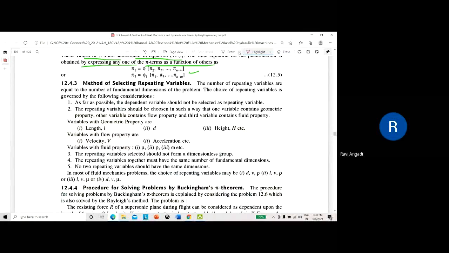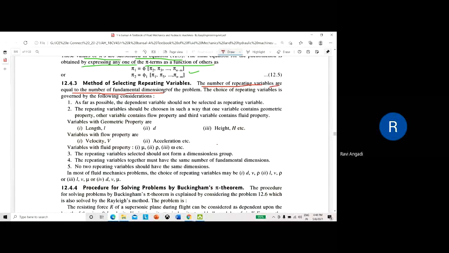See here, the number of repeating variables is equal to the number of fundamental dimensions. First point. Always remember, the number of repeating variables will be equal to the number of fundamental dimensions. How many fundamental dimensions are involved in the system? Those many repeating variables you need to choose. Suppose there are two fundamental dimensions.